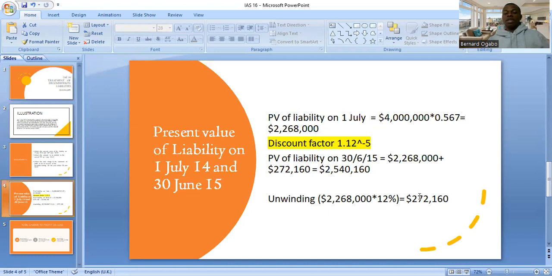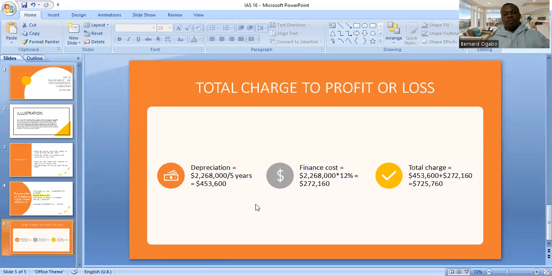If we are looking for the finance cost at the end of year 2, let's say 30th June 2016, it will now be 12% of 2,540,160. But at the end of the first year, the finance cost is 2,268,000 multiplied by 12%, that's 272,160. We knew that already.